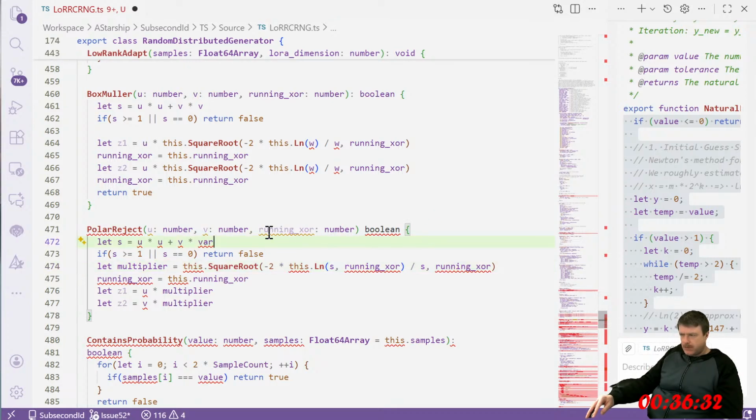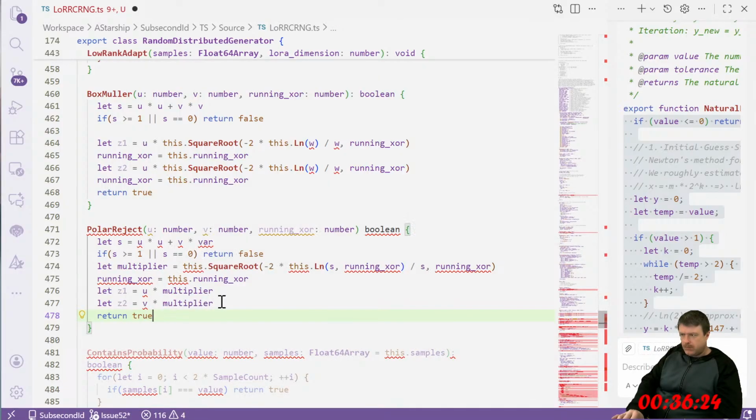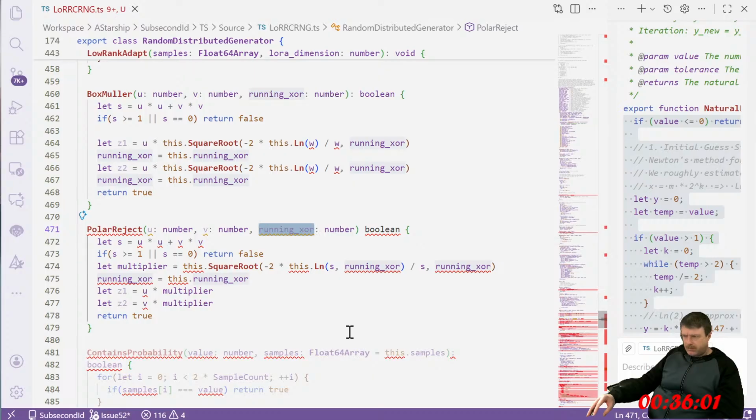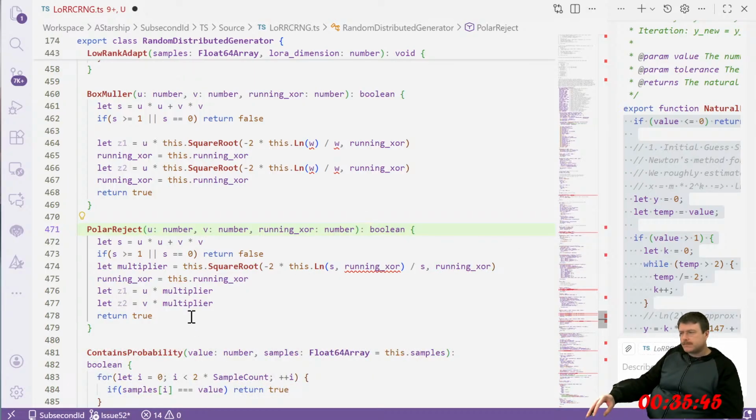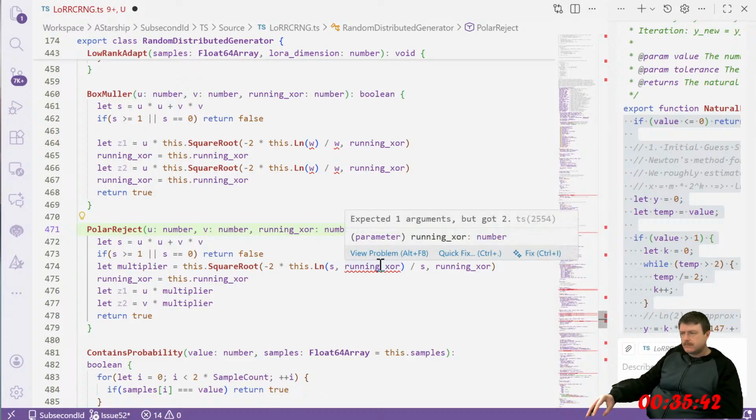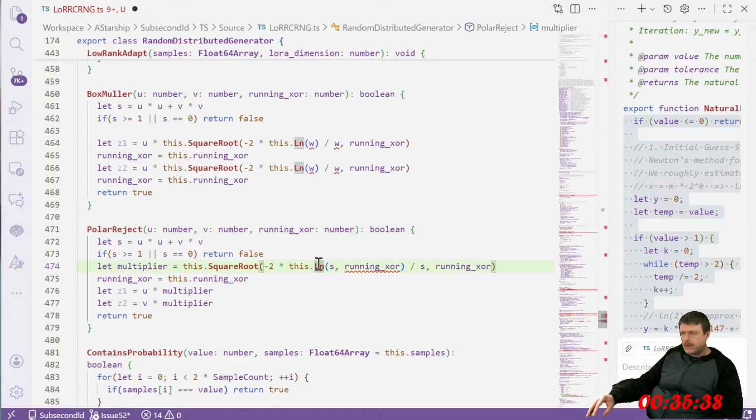Oh, what's going on? What did I do? That'll do it, right? Oh. Got it. Natural logarithm.